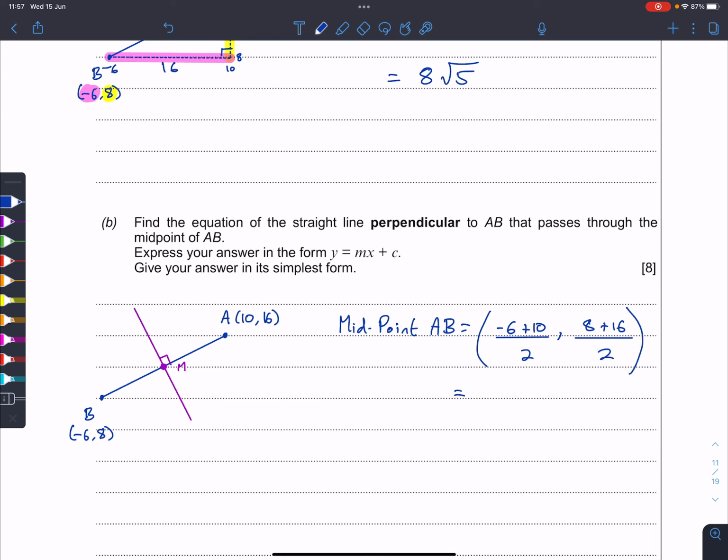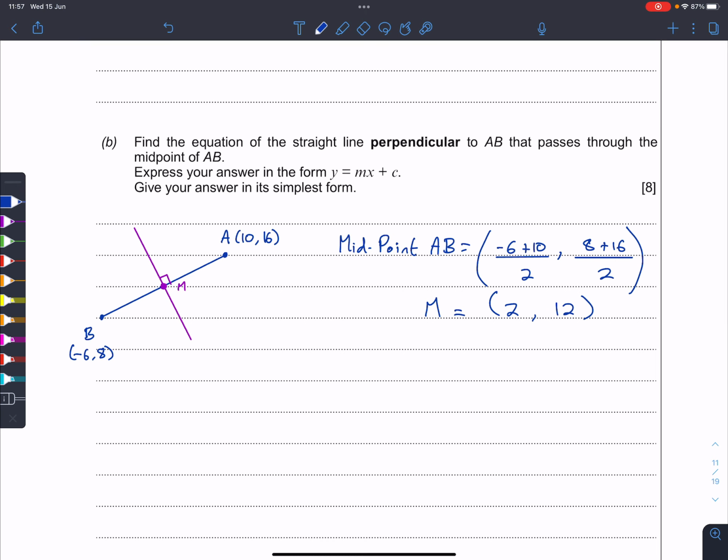Negative 6 plus 10 is 4, 4 divided by 2 is 2, and 8 plus 16 is 24, divided by 2 is 12. So I now have my midpoint, which is (2, 12).